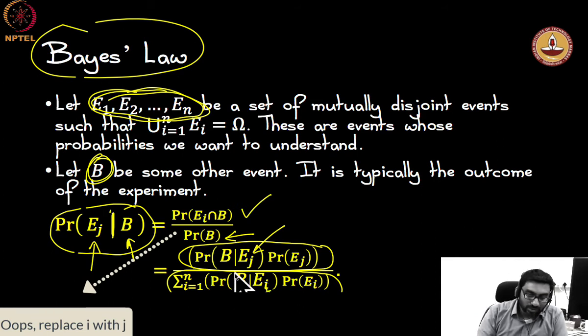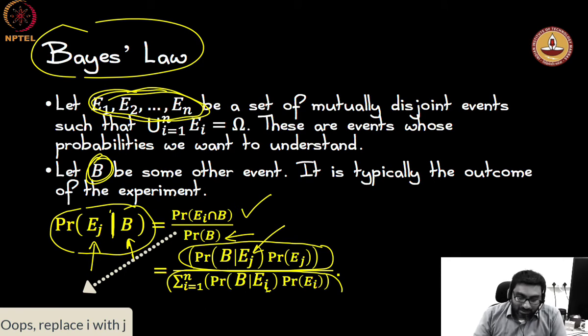So what you notice here is, on the left hand side, we want the probability of the events EJ conditioned on the outcome of the experiment. But on the right hand side, what we are going to do is switch the conditionalities. So conditioning on the EJs, we want to get the probabilities of the event B.